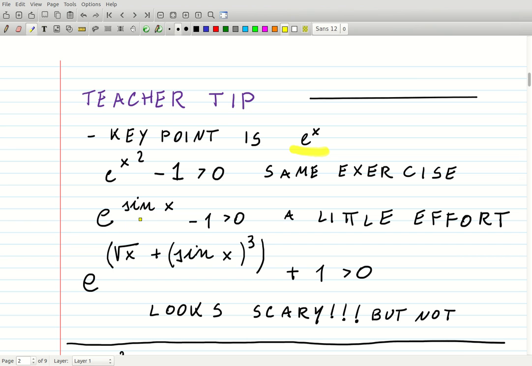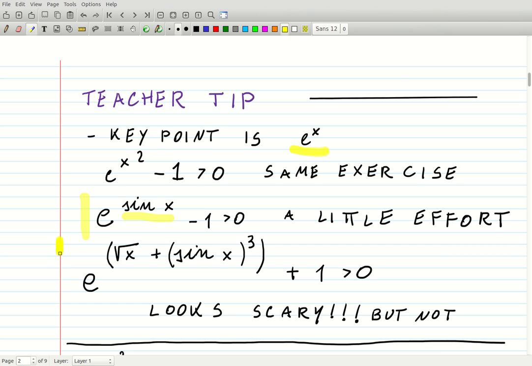We can ask for a little more effort from our students, a little calculation, a trigonometry one, as in this inequality. So we can propose something like this. It could be square of sine, cosine, square of cosine. It's the same. Also this inequality can be easily solved, as we will see.